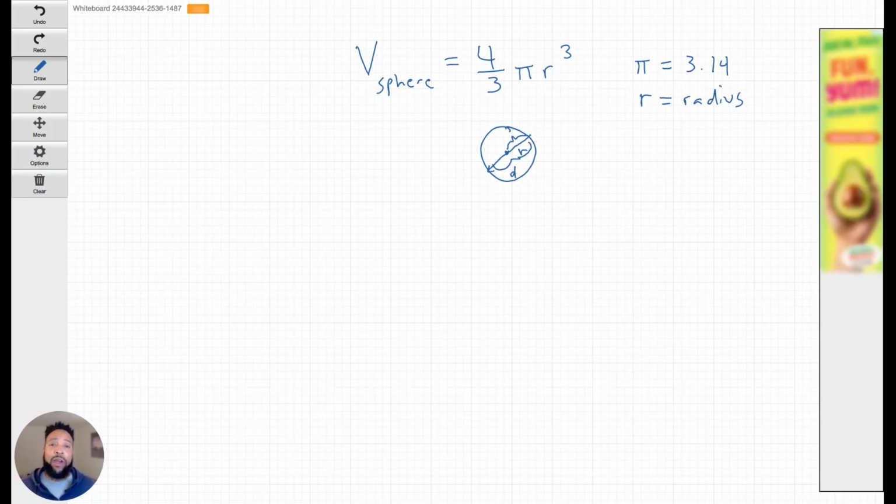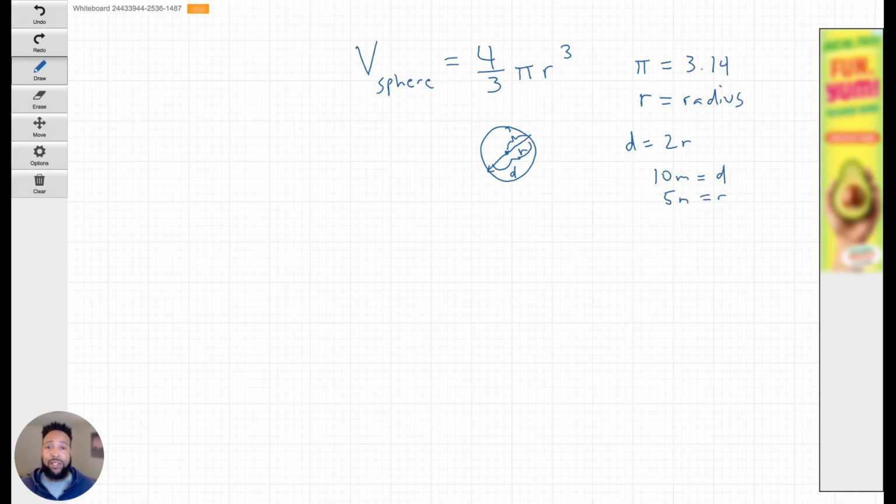And so from this point on, you may be given a question with the diameter, and you may need to use that to calculate the radius. So remember, whenever you have problems that have the diameter, use that to find the radius. The diameter is twice the radius. So say, for instance, if you're given a diameter of 10 meters, your radius is going to be half of that, 5 meters. Make sense?